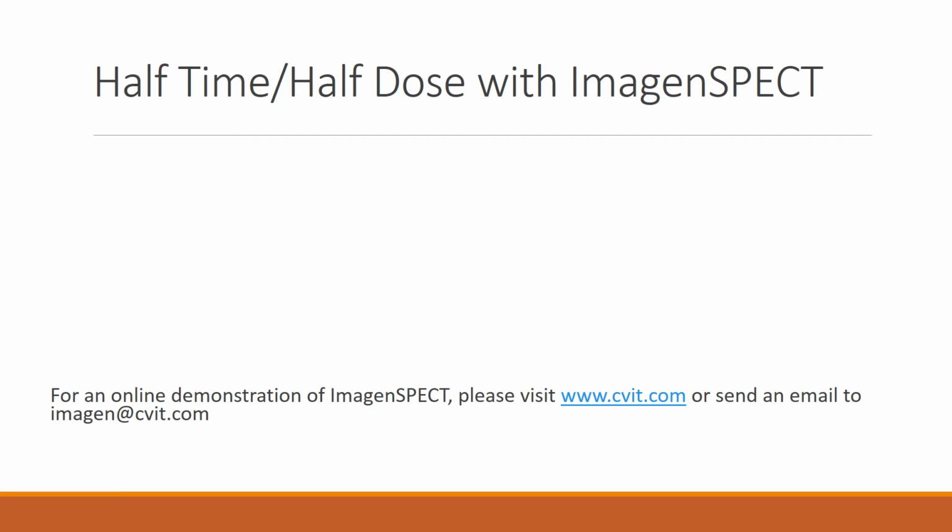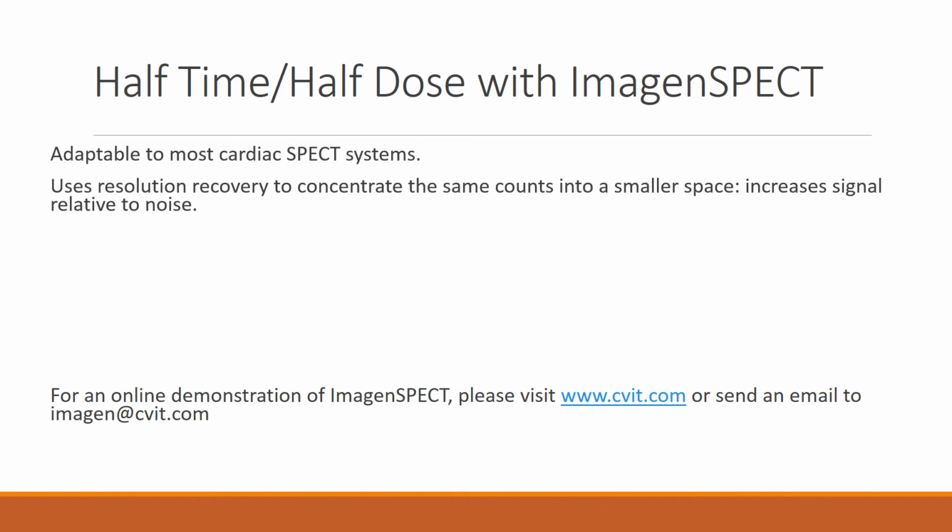In summary, half-time, half-dose imaging with ImagenSPECT is adaptable to most of the conventional geometry SPECT systems on the market today. It uses a resolution recovery technique to concentrate the same counts into a smaller space, thereby increasing the relative signal to noise.